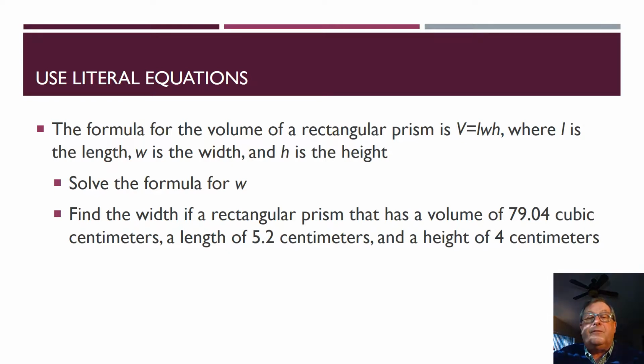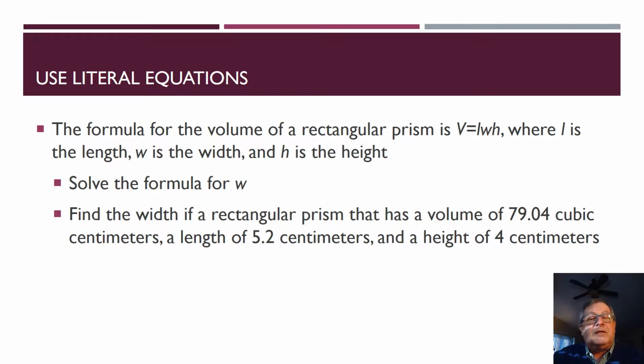The formula for the volume of a rectangular prism is V, variable for volume, equals LW times H, where L is the length, W is the width, and H is the height.